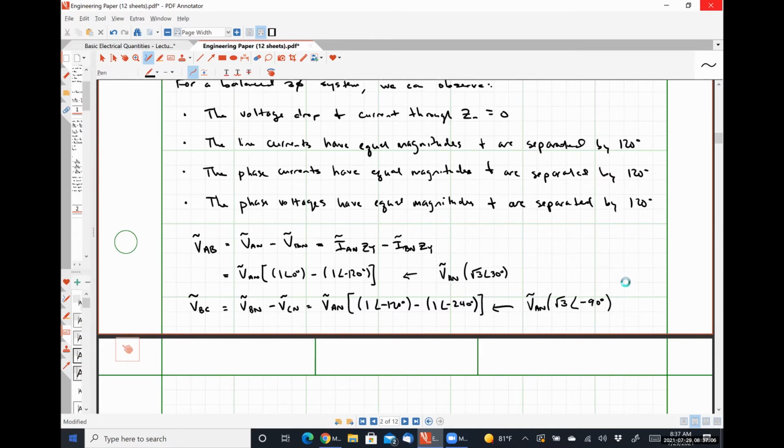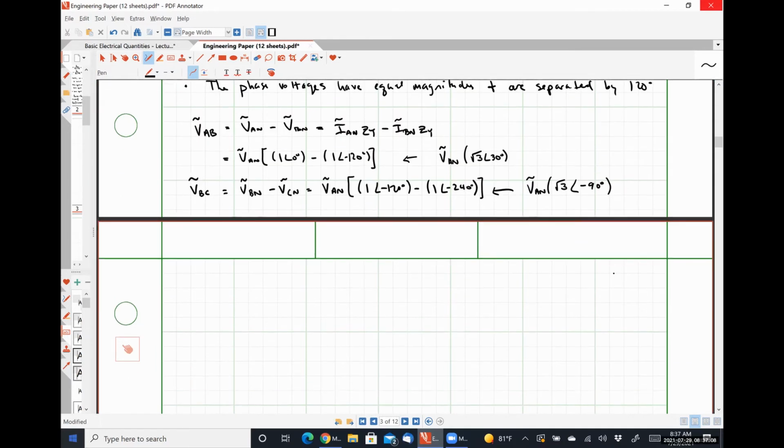So our line voltages will also have equal magnitudes and are separated by 120 degrees.